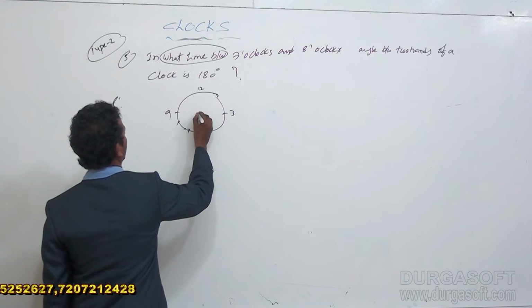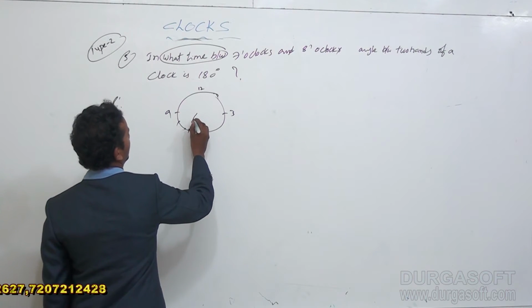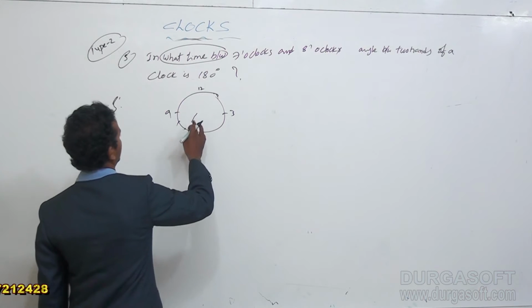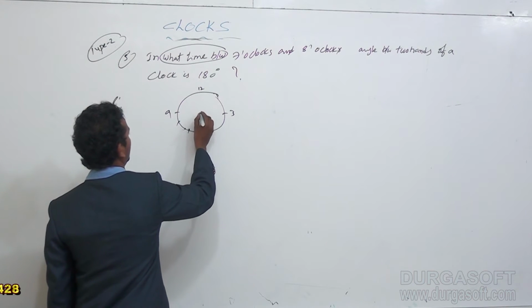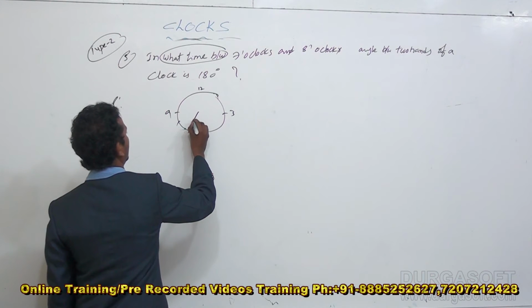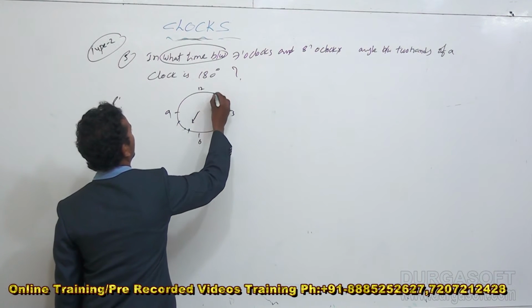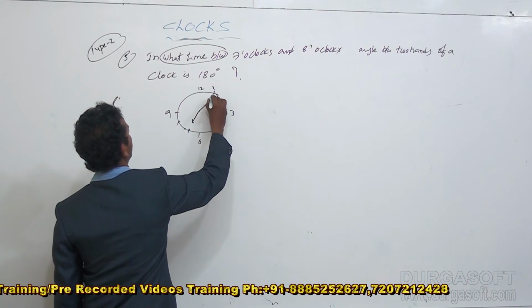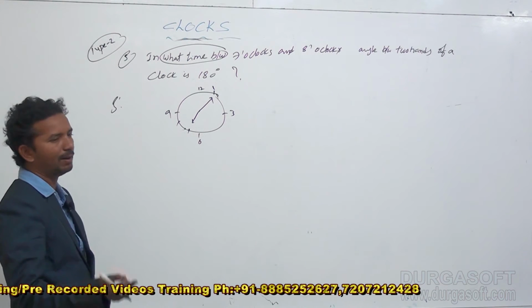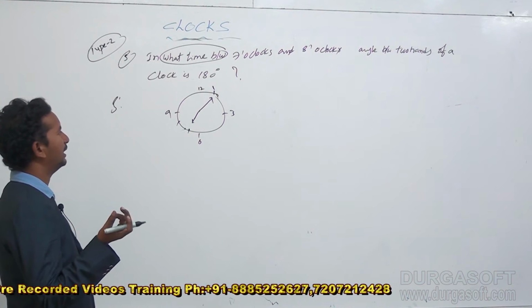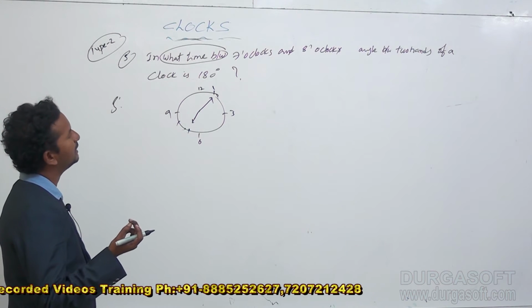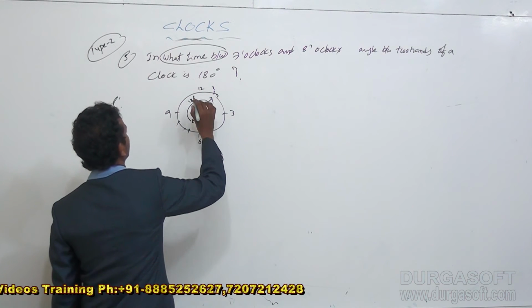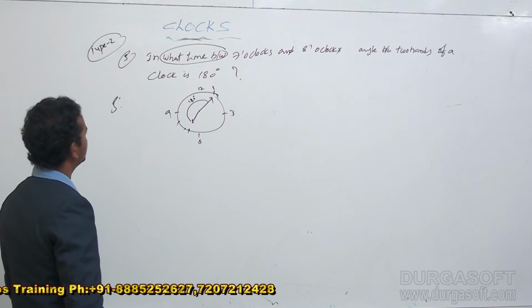Now they are in opposite directions: the minute hand is in one direction and the hour hand in the other. When the minute hand and hour hand are in opposite directions, the angle is always 180 degrees. So from here to here is 180 degrees.